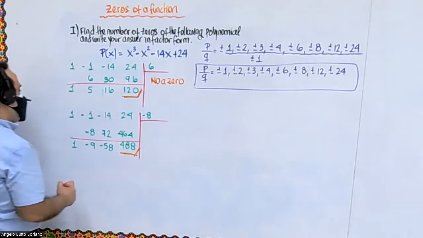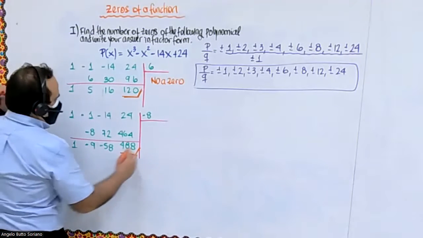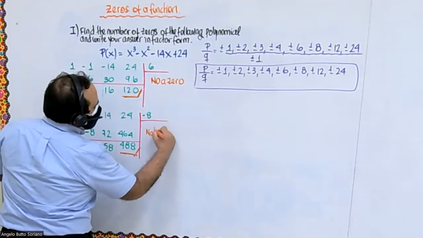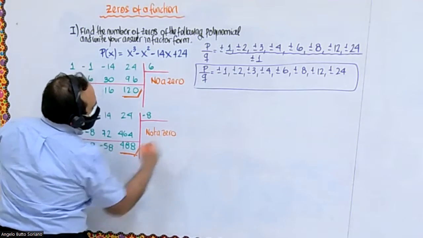Because this is not 0, we failed. This is not a 0.